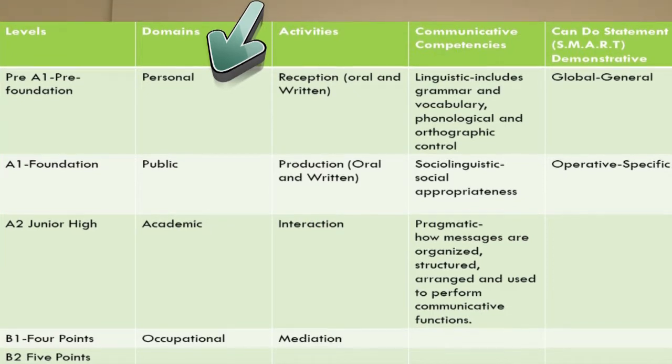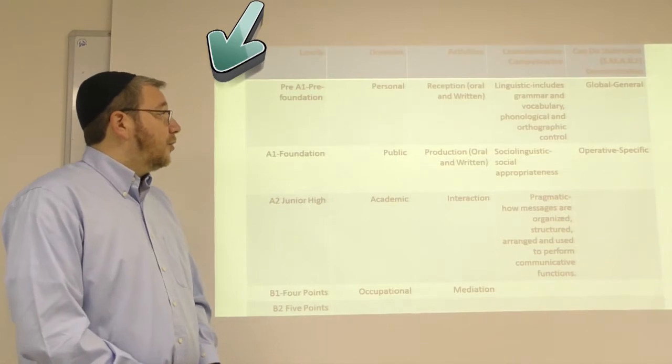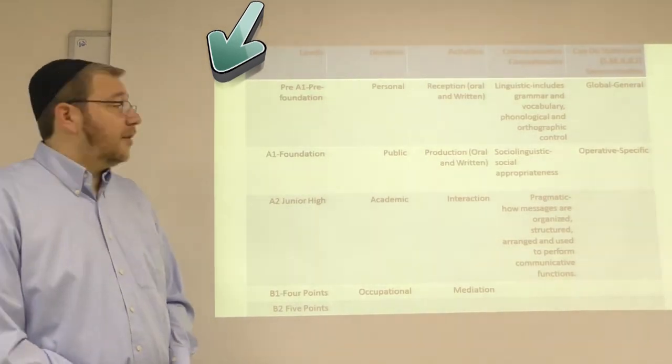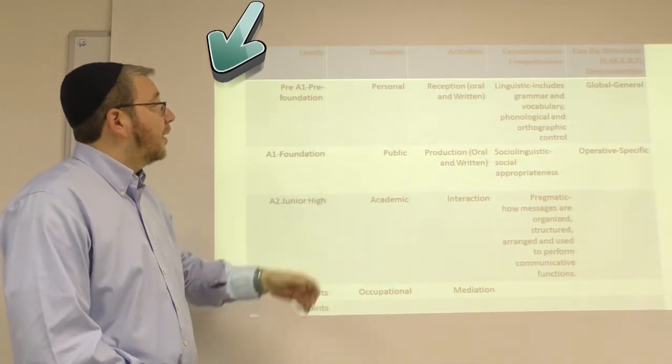Academic is about learning, the vocabulary that's needed for learning. And occupational is what is needed for people's jobs. So there are different domains. The domains relate to different areas of interest or of life, actually. So there are 4 areas of life according to the curriculum that is going to be dealt with.